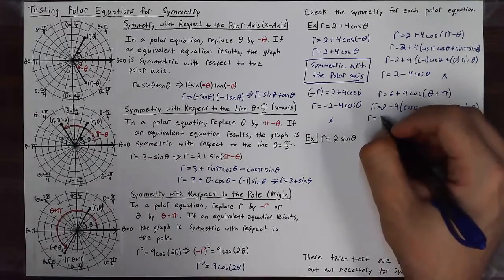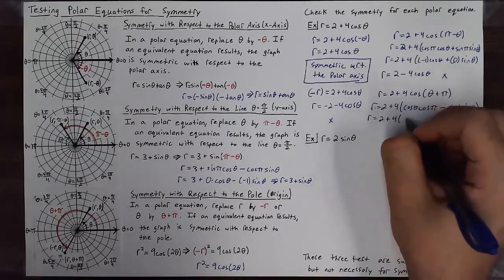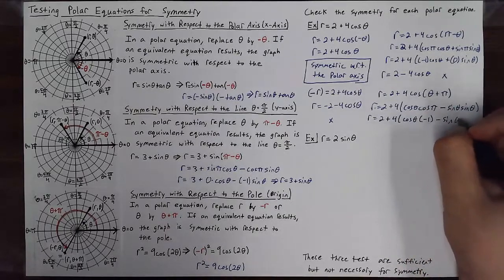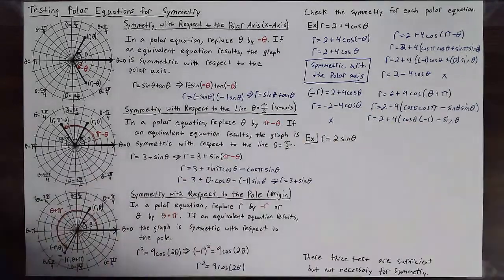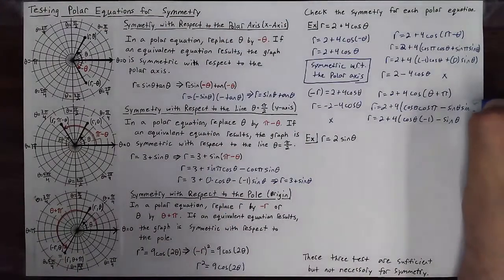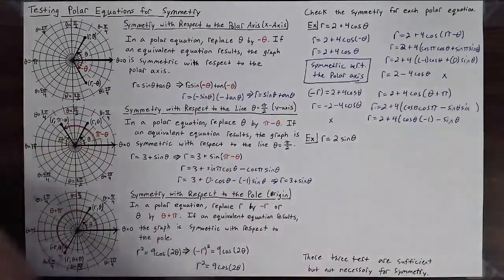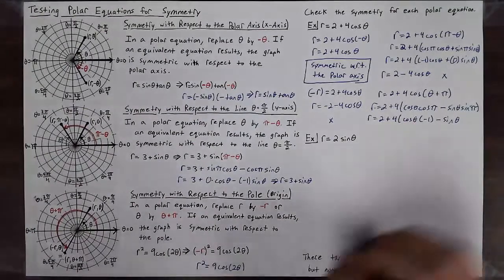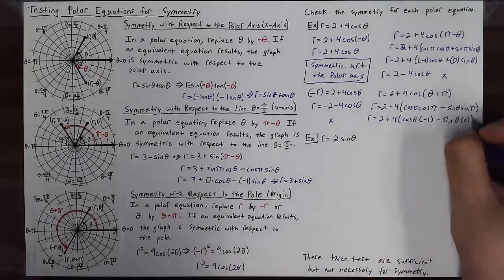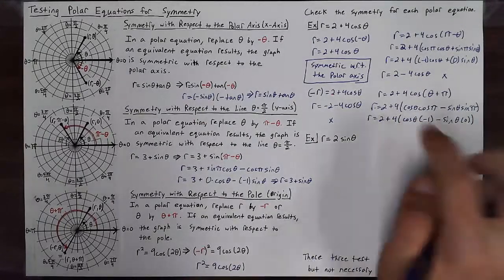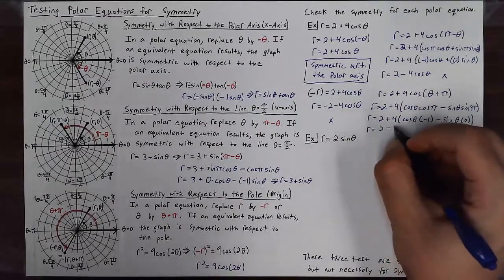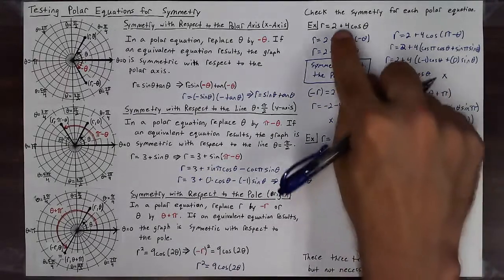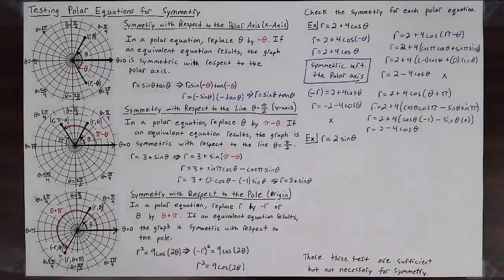This gives me 2 plus 4 times cosine of theta times negative 1 minus sine of theta. Oop, that should have been a pi. I wrote theta twice. Sine of pi, which is 0. So that would go to 0. This is negative cosine, leaving me with r is equal to 2 minus 4 cosine of theta, which means that it is not equivalent, so its only symmetry is with the polar axis.